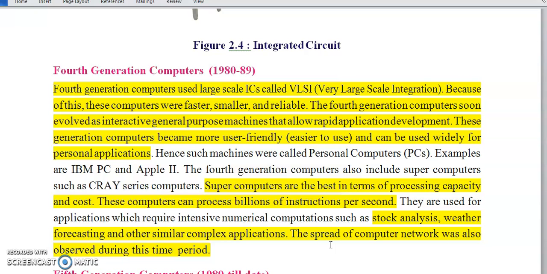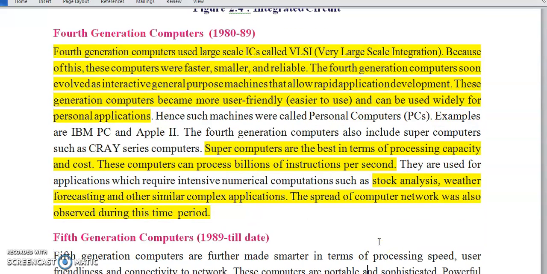It's billions of instructions processed per second. So it's called a supercomputer. They are used for applications which require intensive numerical computations such as stock analysis, weather forecasting and other similar complex applications. The spread of computer networks is also observed during this time period.